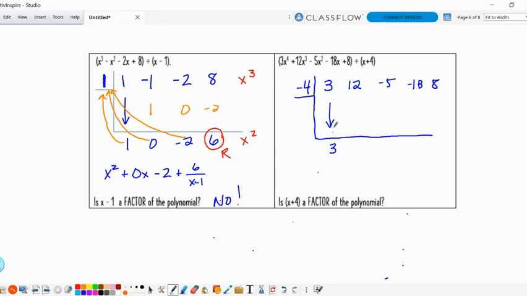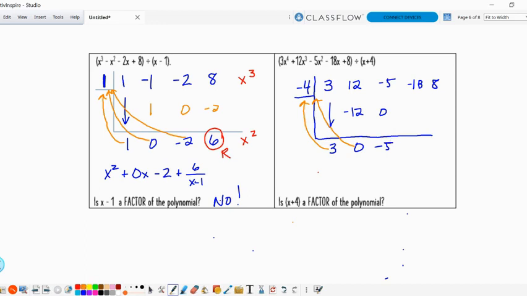Drop down your 3. Drop down the first coefficient. Now we're going to multiply. 3 times -4. That is -12. We add those together, and we get 0. Let's multiply again. 0 times -4. Still 0. -5 plus 0 is -5.